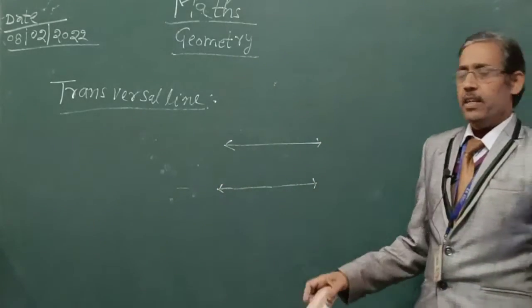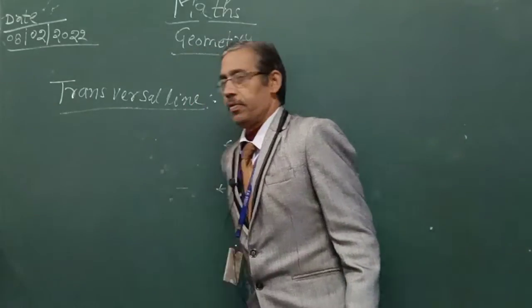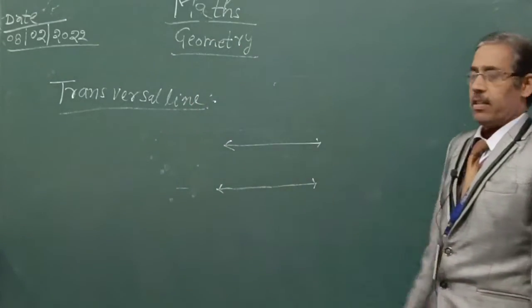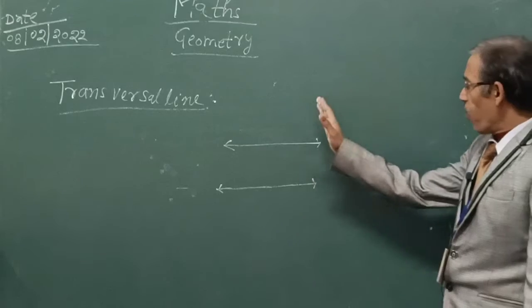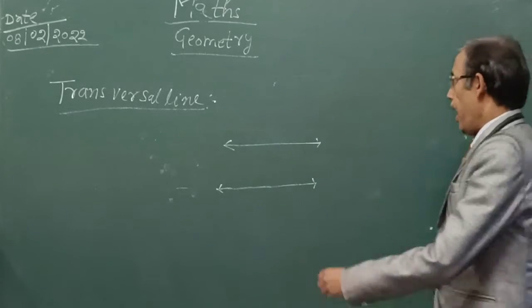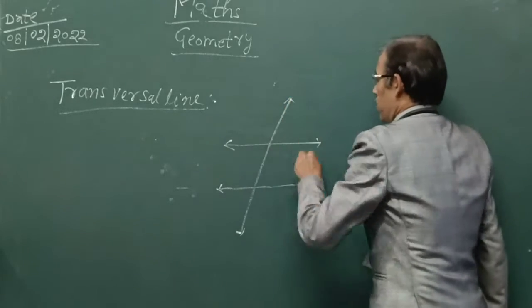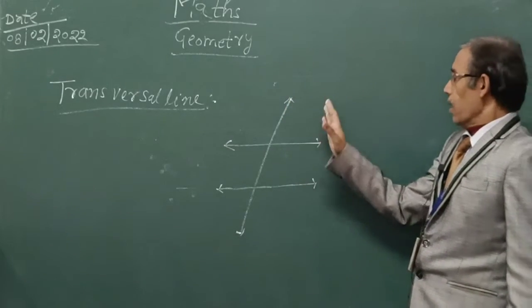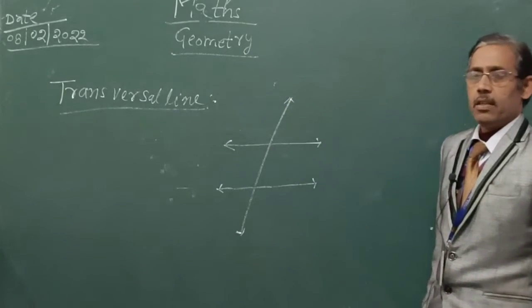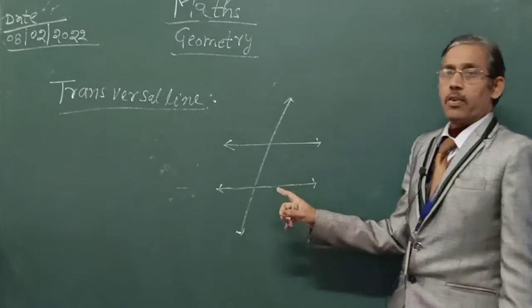A straight line which intersects a pair of lines at two distinct points is called a transversal line.